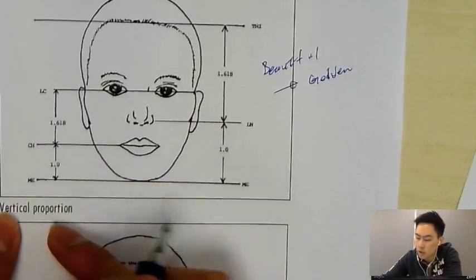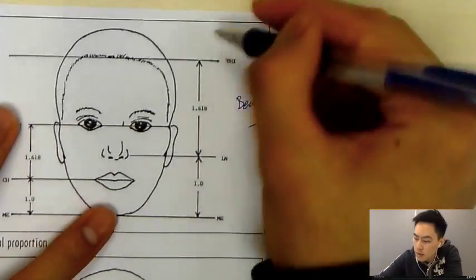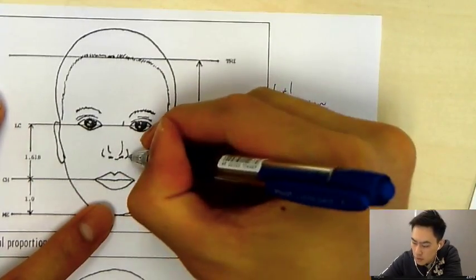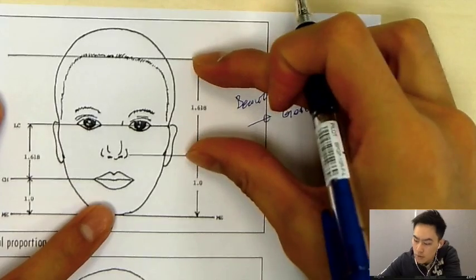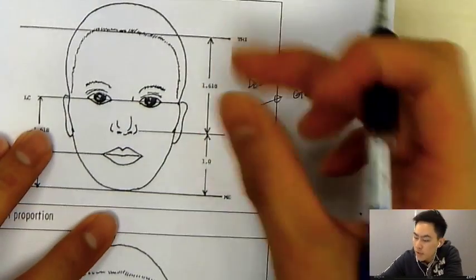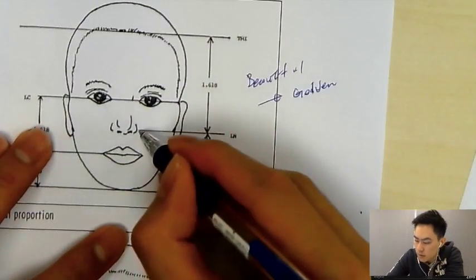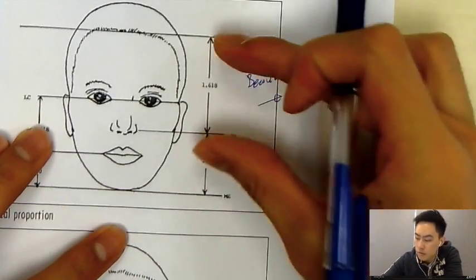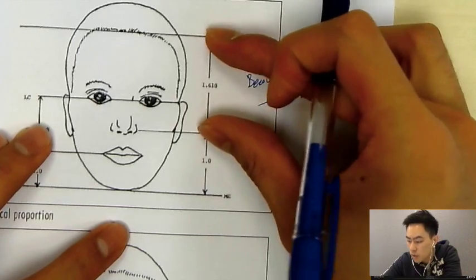So this is a vertical proportion. Let's say this is the forehead, and the corner of the nose here, so this one is 1.618 over this. So you can see the nose to the chin, here would be the ratio, it will be 1.618 to 1.